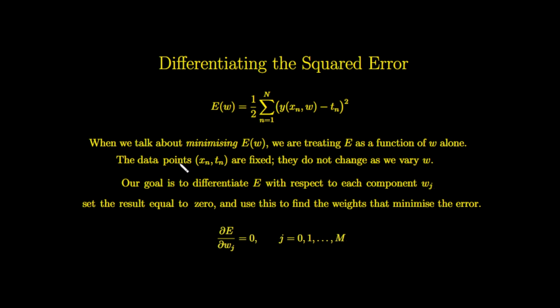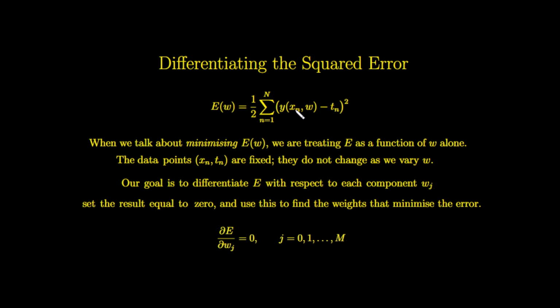Now, the data points here, xn and tn, we can think about these as fixed, or if you like, we can think about them as constants. So within this function E(w), the values xn and tn are constants.